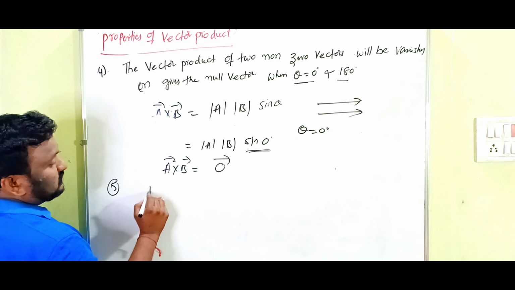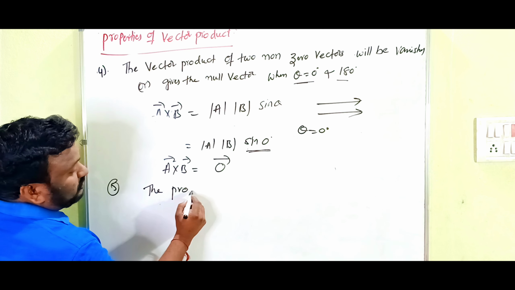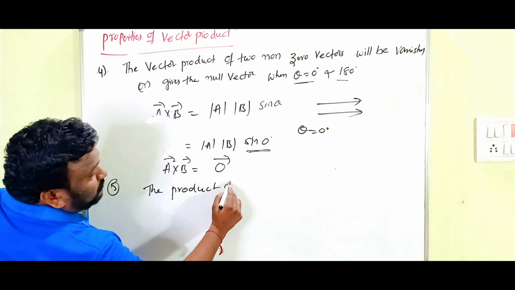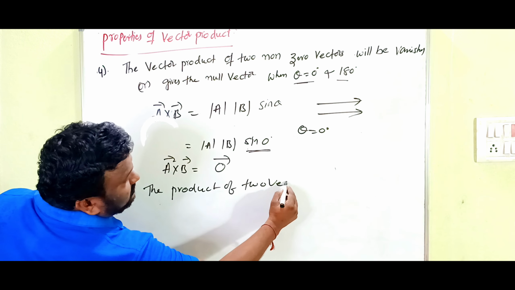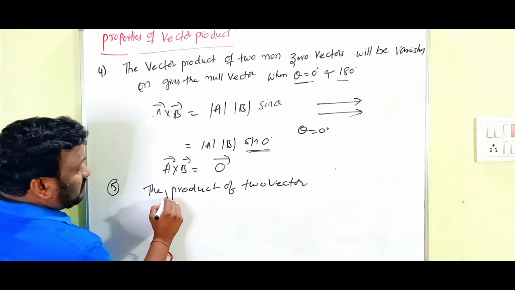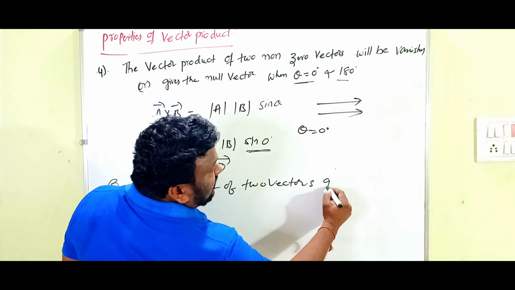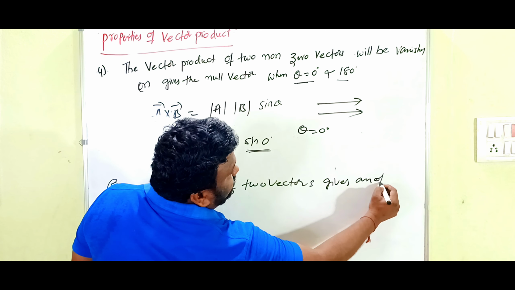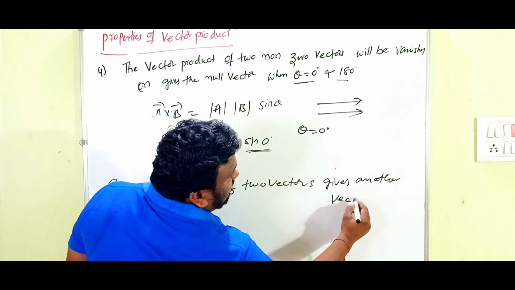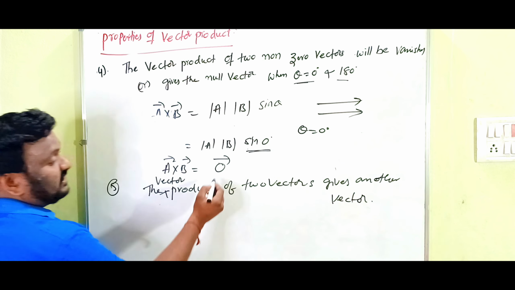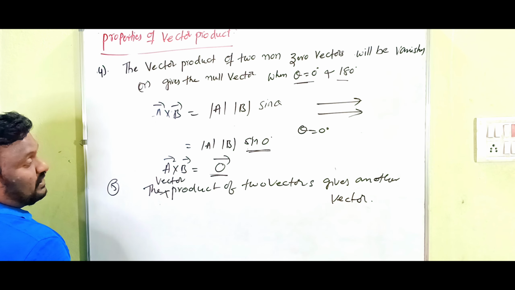Already we know the vector product of two vectors gives another vector. That's why here 0 is nothing but the null vector, children.